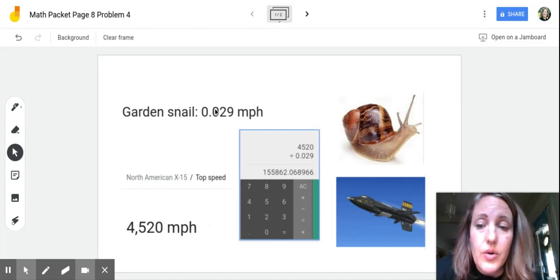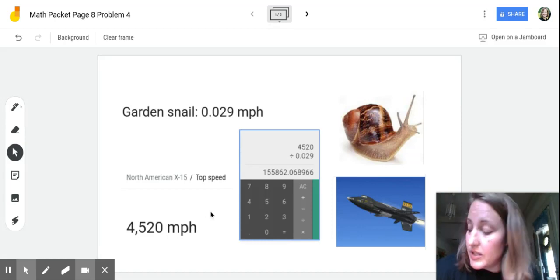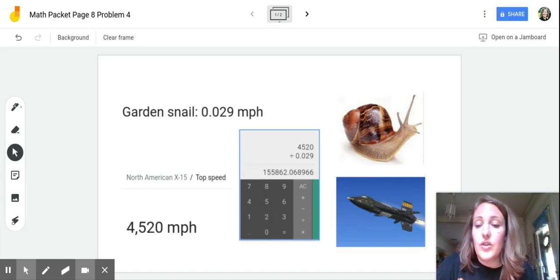So the X-15 is about 150,000 times faster than a garden snail. That's what that means. If a snail's rate is 1, then the X-15 is 150,000. So you can see that as one of your answers.